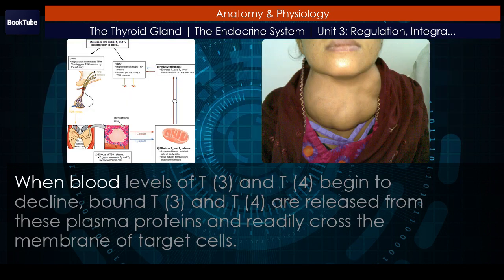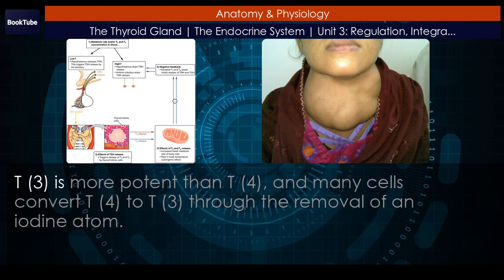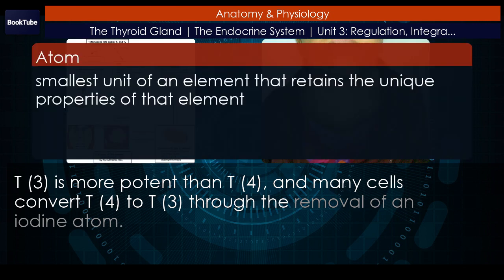When blood levels of T3 and T4 begin to decline, bound T3 and T4 are released from these plasma proteins and readily cross the membrane of target cells. T3 is more potent than T4, and many cells convert T4 to T3 through the removal of an iodine atom.